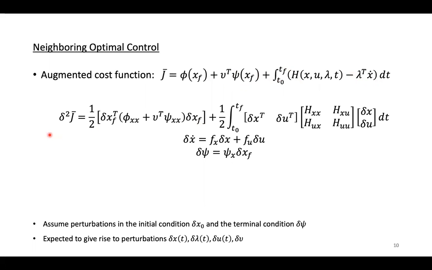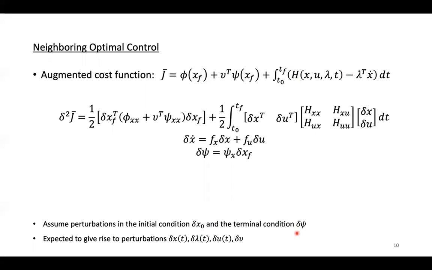So with that augmented cost function, if you want to arrive at neighboring optimal control, what you would first do is assume perturbations in the initial condition and the terminal condition to be of the form delta x naught and delta psi.